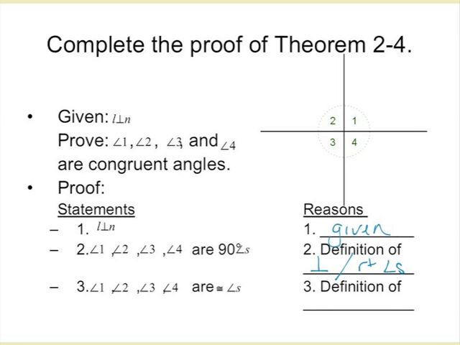So somehow knowing that we have perpendiculars tells us that we have these right angles or 90-degree angles. So then step 3 says, well, if they're all 90 degrees, they must be congruent. And so that's the definition of what, do you think? What tells us if they're all 90, we can call them congruent?